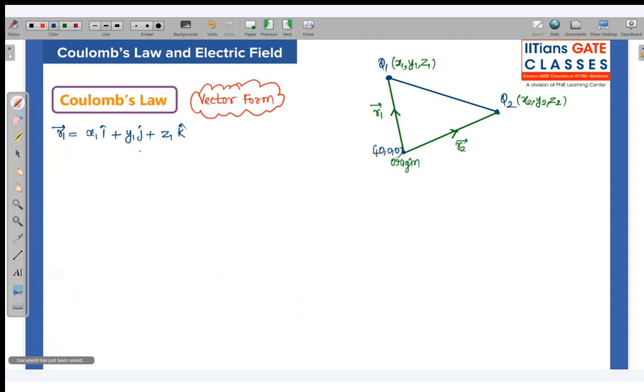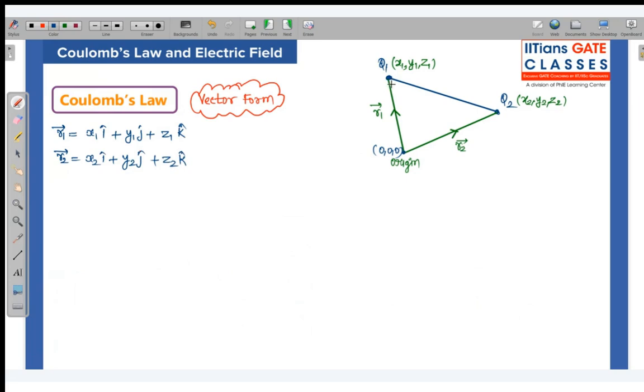The x direction is represented by i cap, y direction by j cap, and z direction by k cap. So this will be the vector r1, and vector r2 will be x2 i cap, y2 j cap, and z2 k cap. This is the r1 and r2 vector.